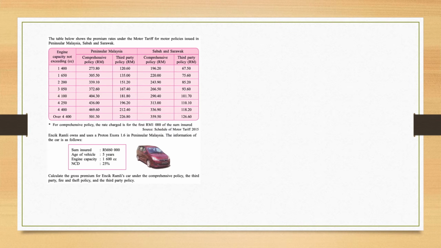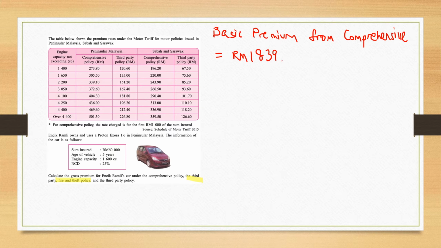Now, we need to calculate the gross premium for the third-party fire and theft policy right here. The first thing you actually need is your basic premium from the comprehensive policy. So let me list that down. Basic premium from comprehensive policy, that would be your 1839 ringgit and 50 cents.